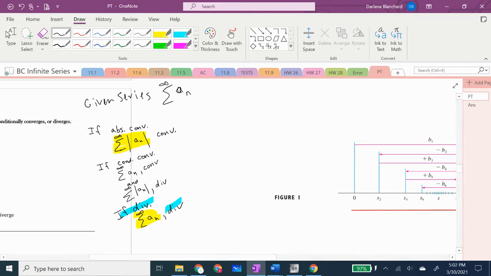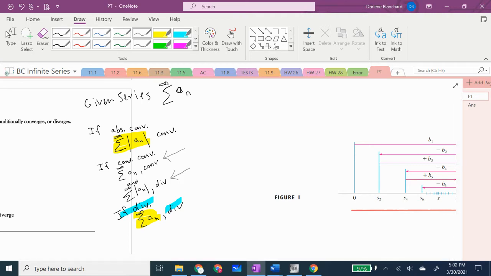If you can absolute value its terms and it still converges, it's absolutely convergent. However, you might run into the situation where the series just completely diverges. In that case, if you absolute value the terms and you get diverge, you could be in a conditionally convergent situation. And then you have to go through another test and check if the original series converges or diverges.